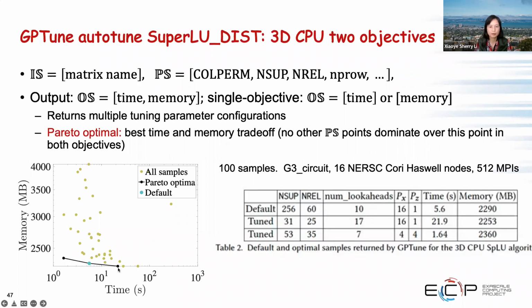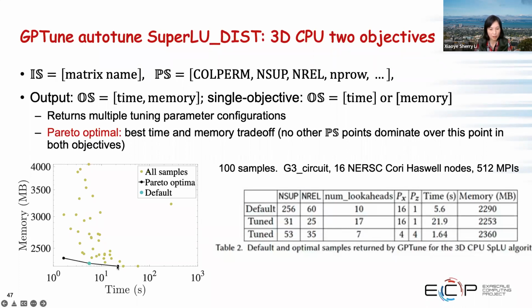This is a Pareto front of the two objective functions, which means it represents the trade-off between time and memory. If you want a smaller memory, then you have to increase time. And in this case, all these dots are the 100 samples. The default is actually on the Pareto front, so it's good.